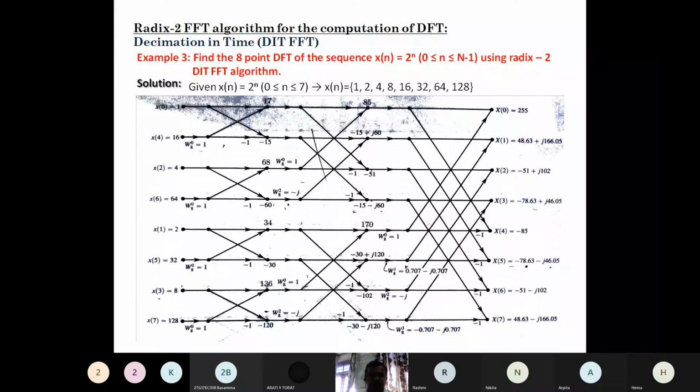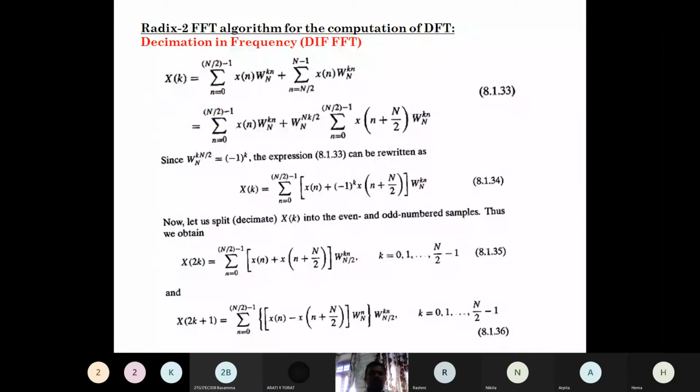Okay. In the previous class we had Example 3 about the decimation in time 8-point DFT calculation, using the Radix-2 FFT algorithm for computation of DFT.